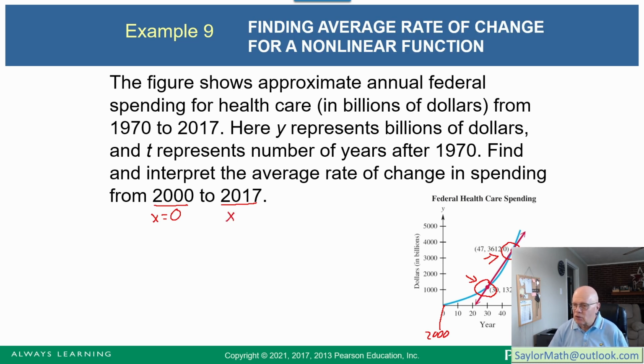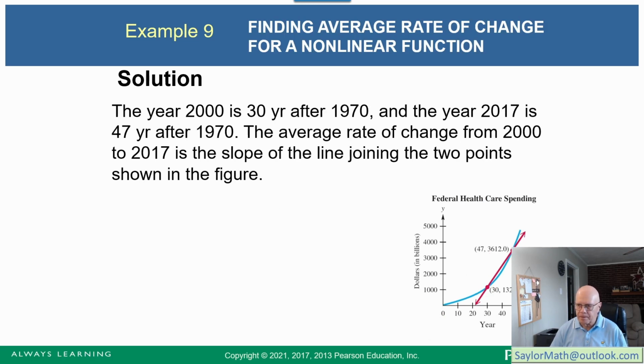And this would be 17 years after, 2017. And you've got the costs here on the graph. So the average rate of change is the slope of the line that we're making from those 2 points that we're aware of.